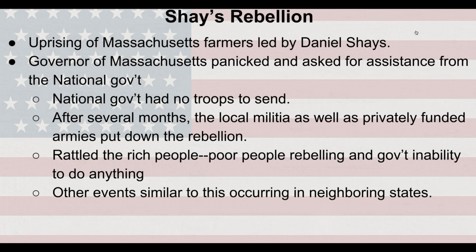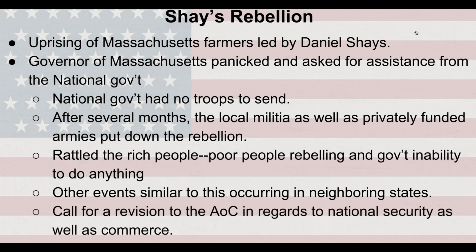There are also going to be some other similar events occurring in neighboring states. While Shays' Rebellion is very famous in Massachusetts, some other states are experiencing these revolts from within as well. And so there is going to be a call for a revision to the Articles of Confederation in regards to national security.